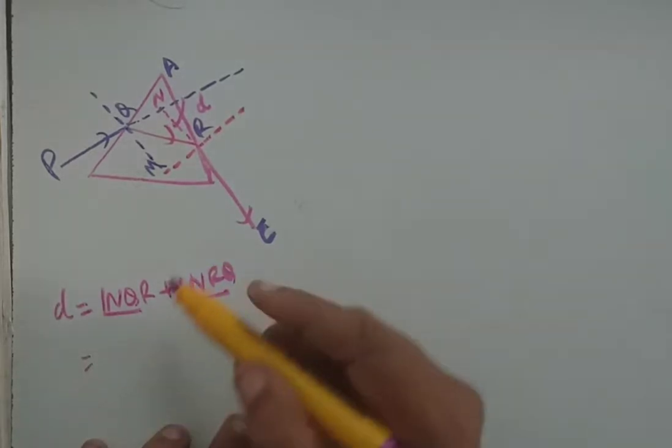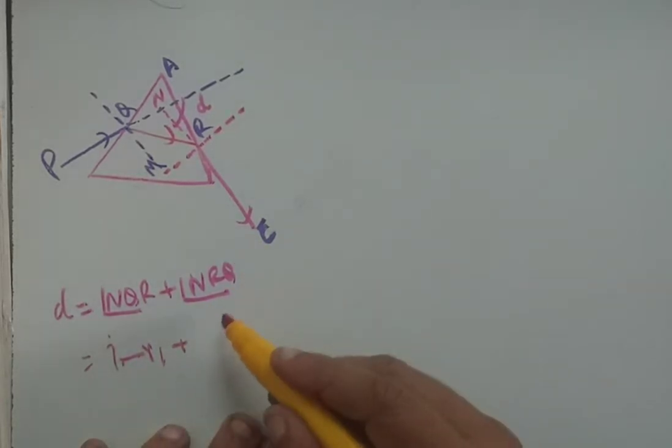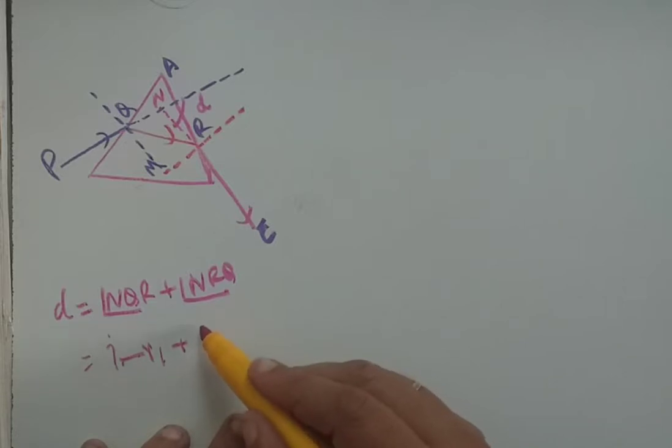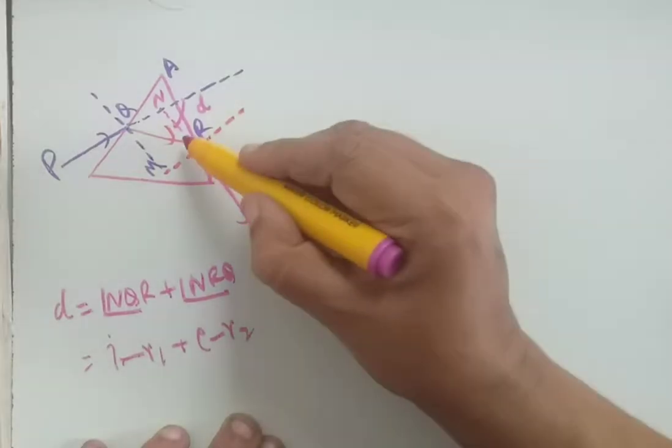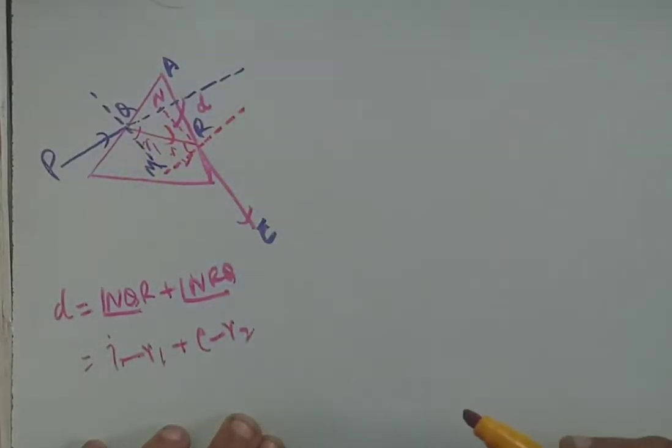From figure, NQR is I1 minus R1 plus N. NRQ is E minus R2. This is R2 and this is R1. So with this, we can rearrange this term.